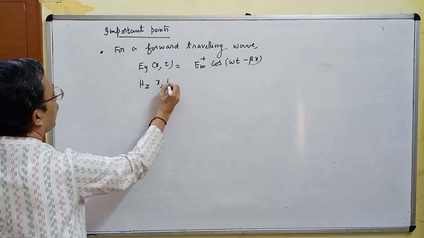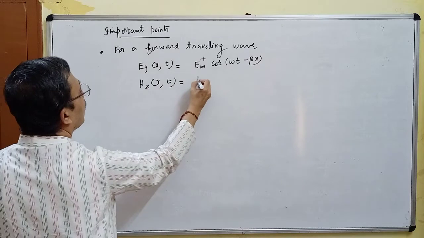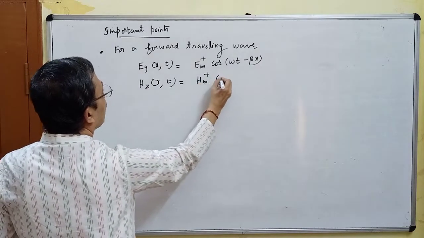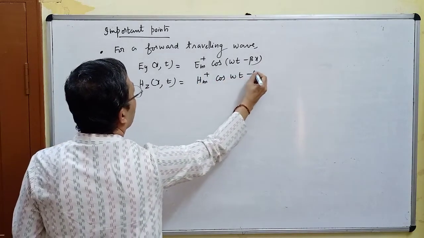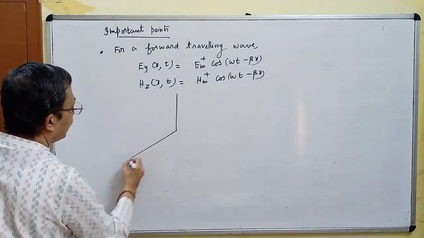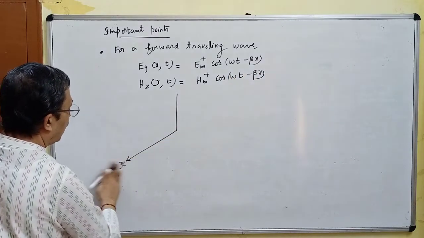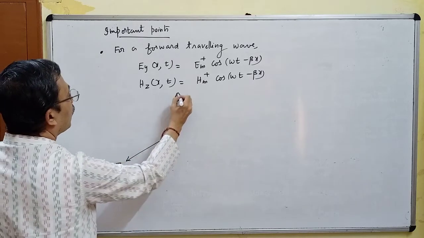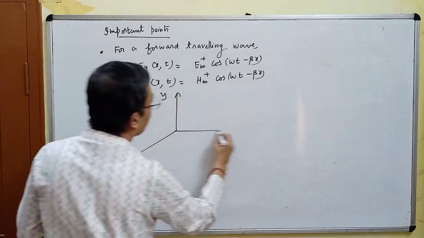Hz, a function of x comma t, is equal to Hm+ cos(ωt − βx). Let me sketch the forward traveling wave for time being fixed.